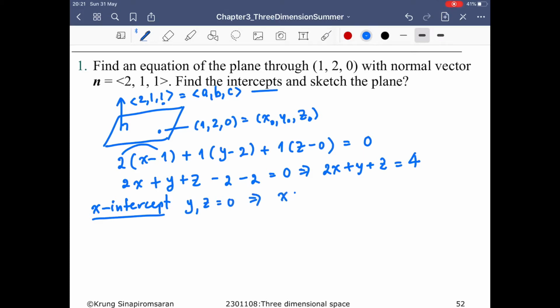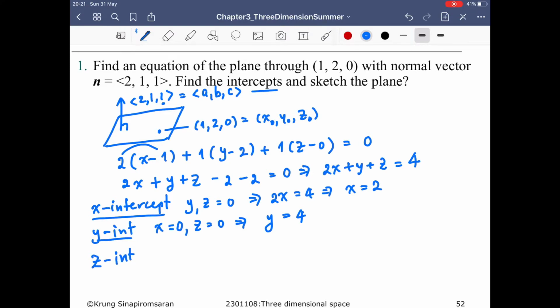So 2x equals 4, so x is 2. By the same token, if you want to find the y-intercept, then z and x are 0, so you get y as 4. And for the z-intercept, x and y become 0, so you get z as 4 as well.